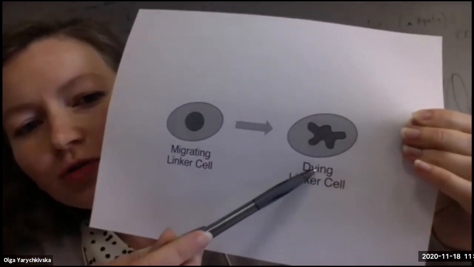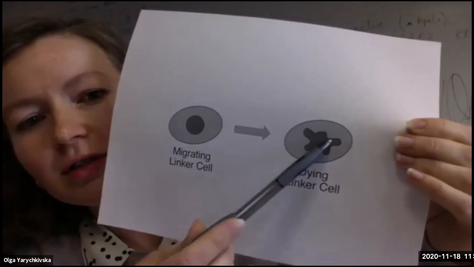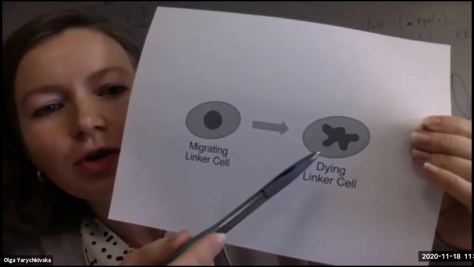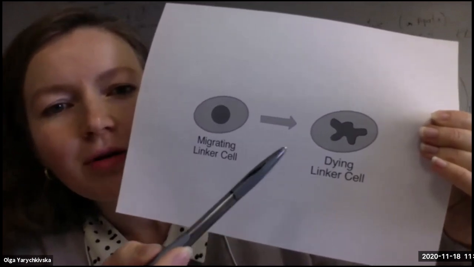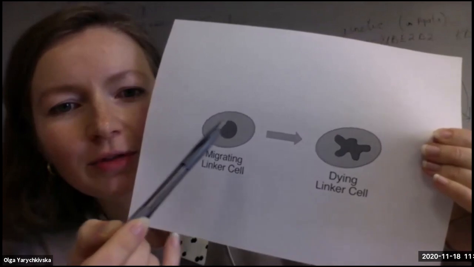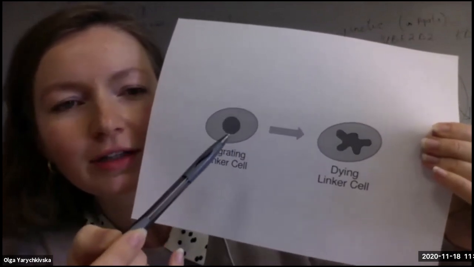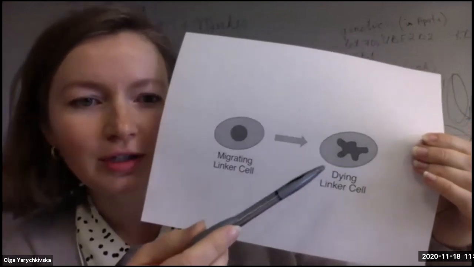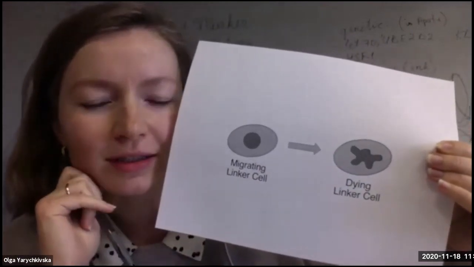But when it starts to die, this nucleus becomes quite deformed, and we call it nuclear deformations. I was very curious to understand how this transformation happens from this nice and round nucleus, like in all the normal cells, to this very deformed nucleus. And why is that important?